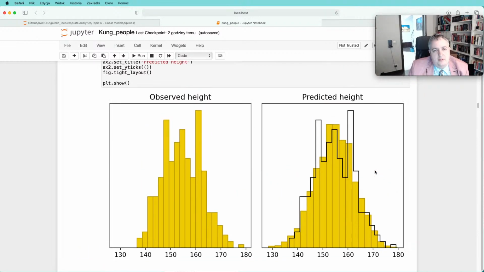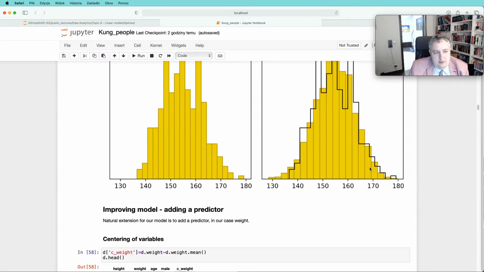So how can we improve our model? A natural expansion of our model will be adding a predictor. And adding a predictor is a very simple task, because we just want to include weight as our predictor of height, because it generally makes sense.